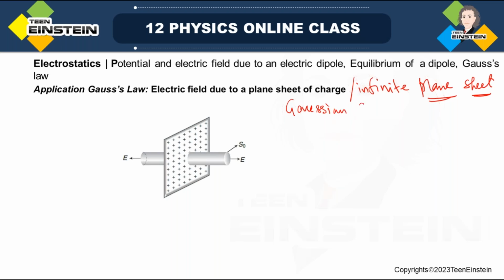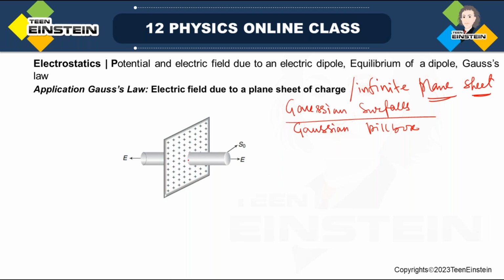You can take either a Gaussian pillbox or a rectangular Gaussian surface.